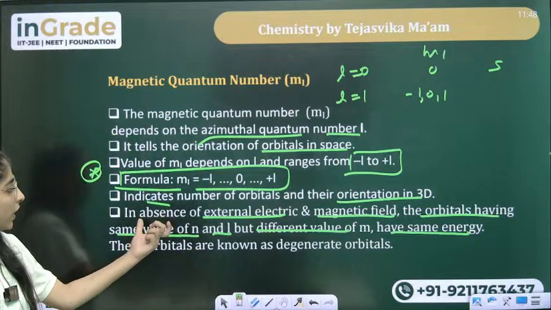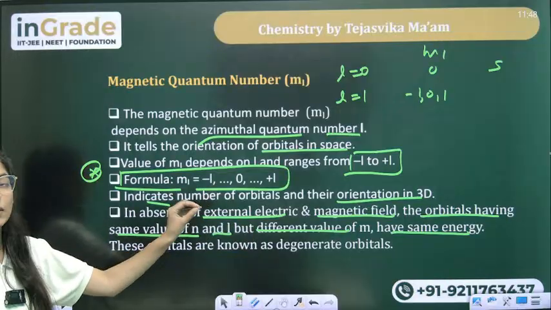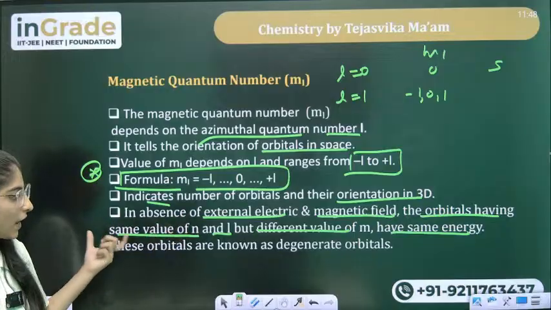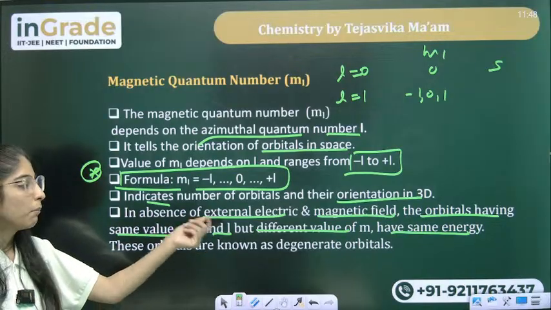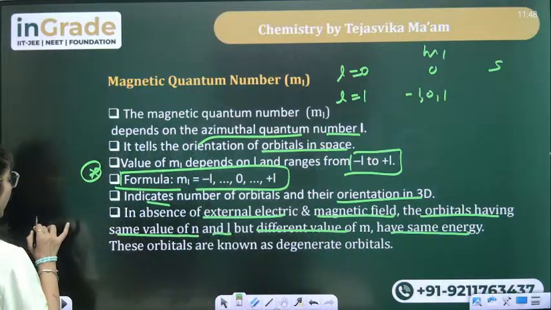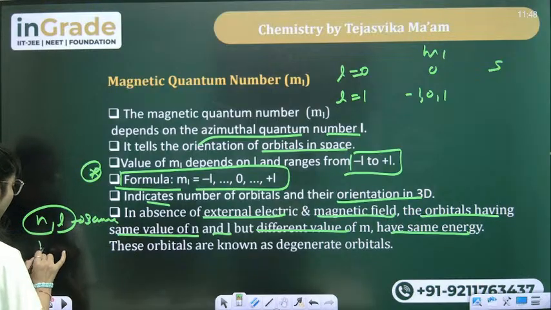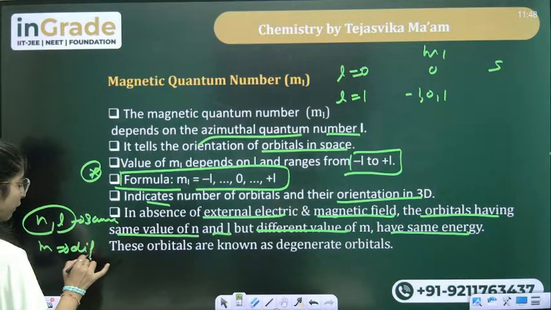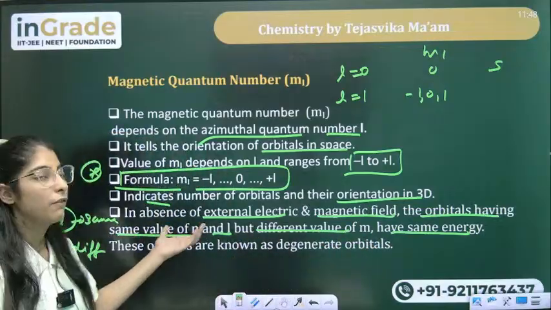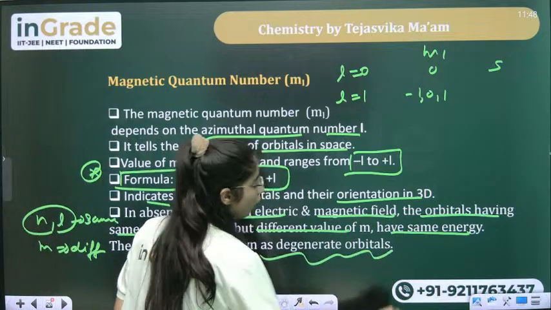If these two fields are not present, then the values of n and l will be the same, but the value of m will be different. These types of orbitals that have the same energy levels are known as degenerate orbitals.